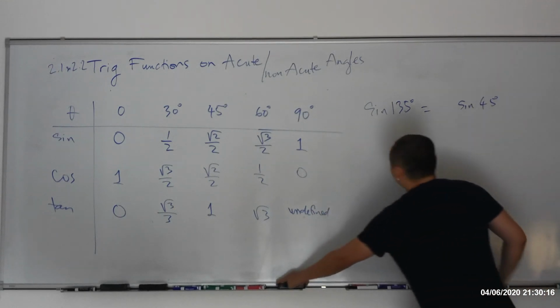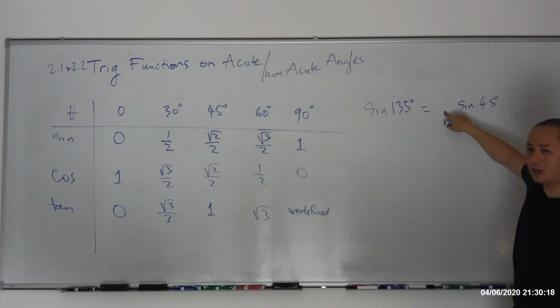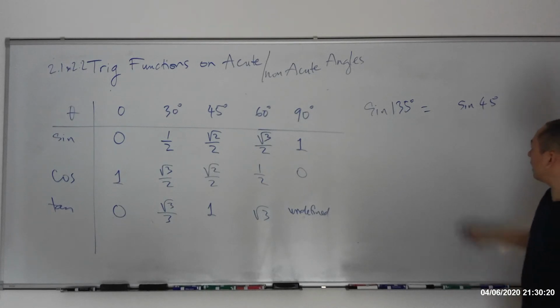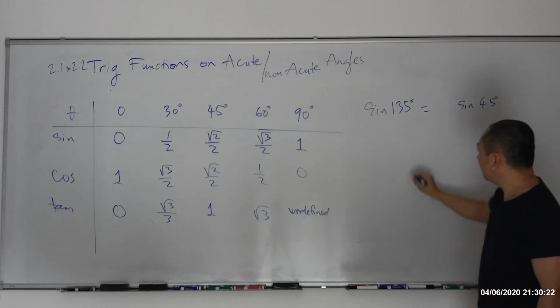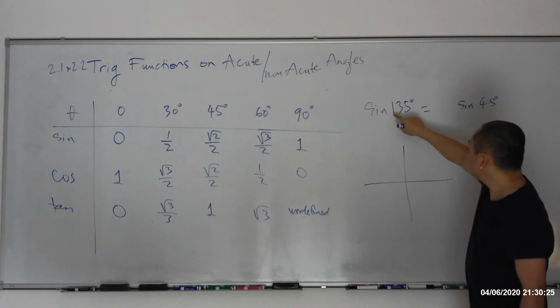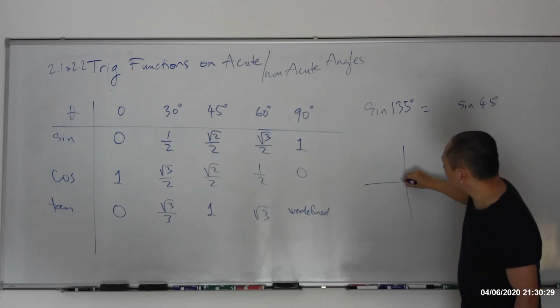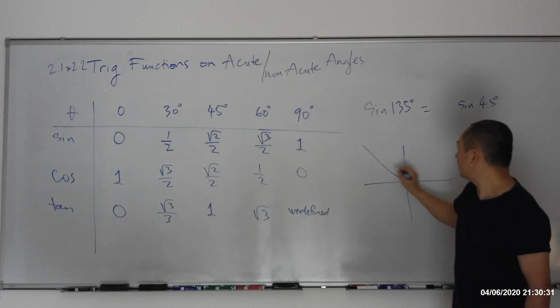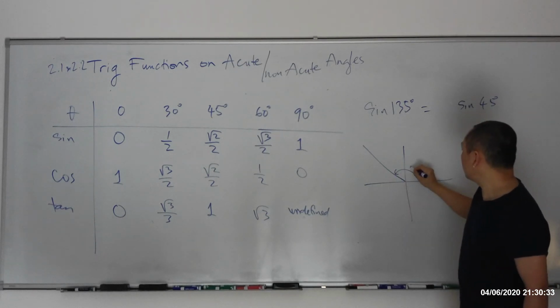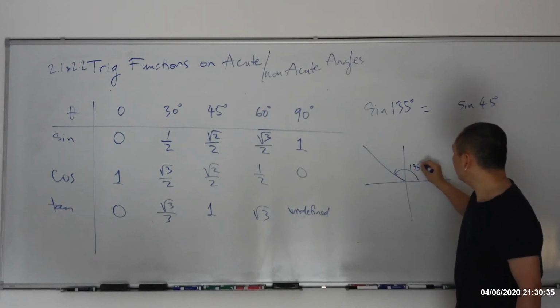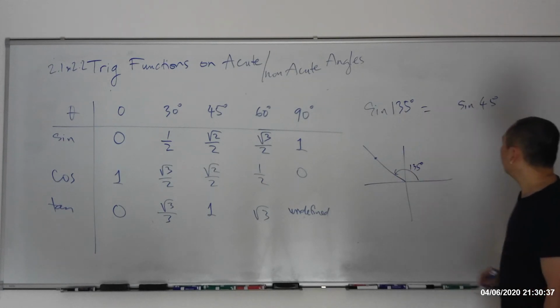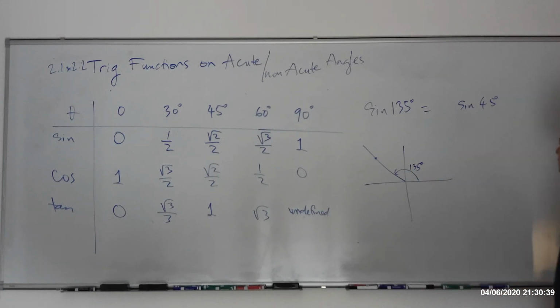Question: would that be a positive sign or negative sign in front? I claim this sign is going to be positive. Why? Because the angle 135 is the obtuse angle. It's on the second quadrant. It's right here, the point. This is the angle 135. All right. So sine of 135 is still positive, same as sine 45.